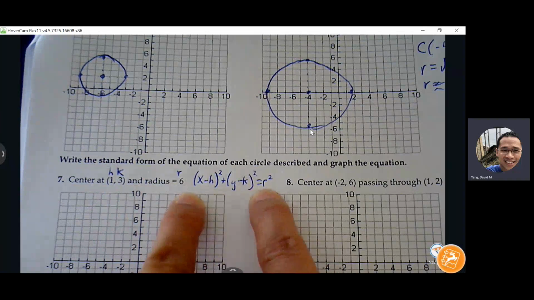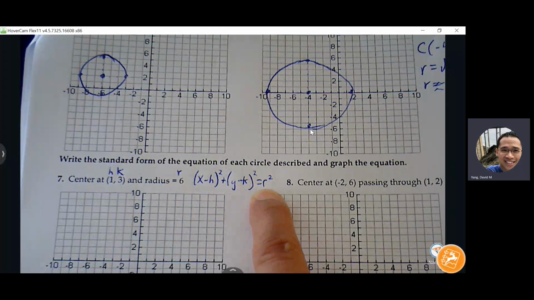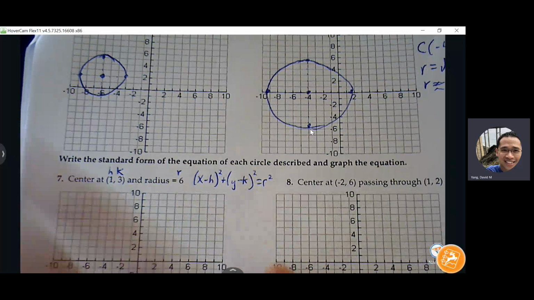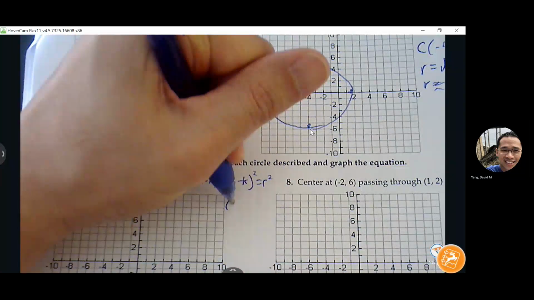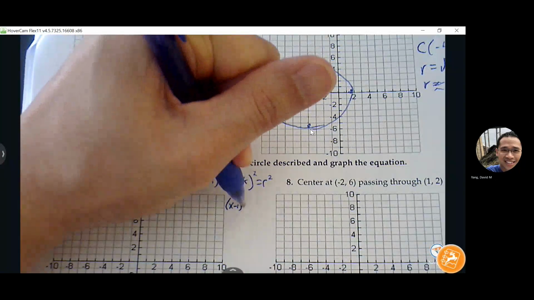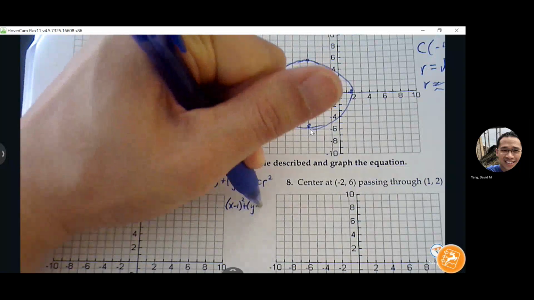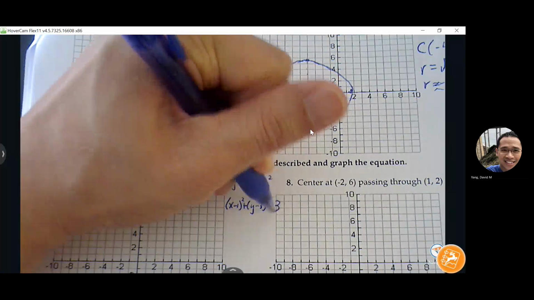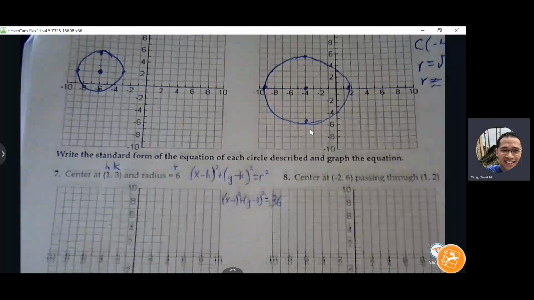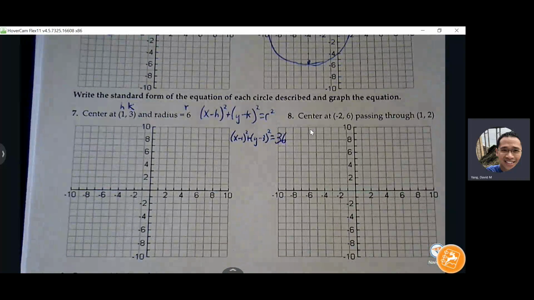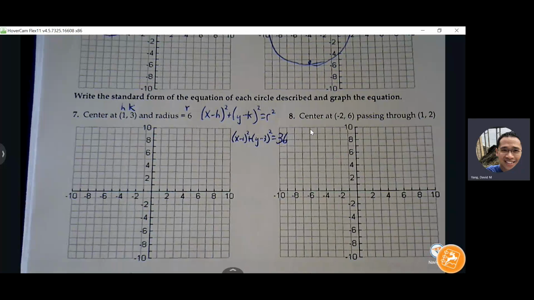Change the signs, yeah. And then your r squared will be what? 36, yeah. Right, go ahead and plot your center and then distance from the center 6 units and create your circle.